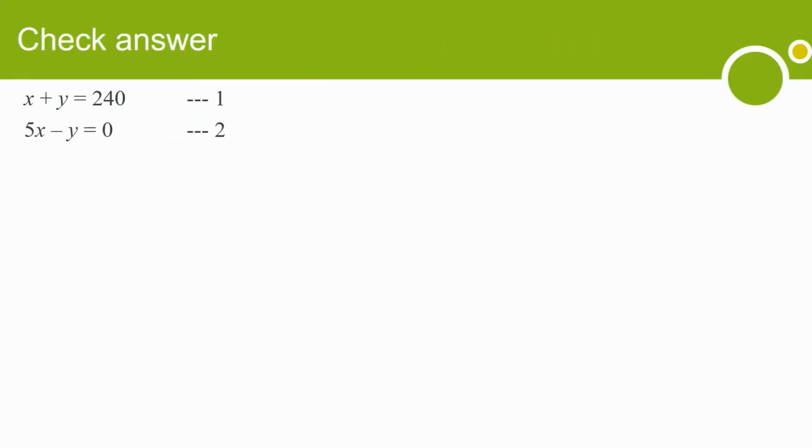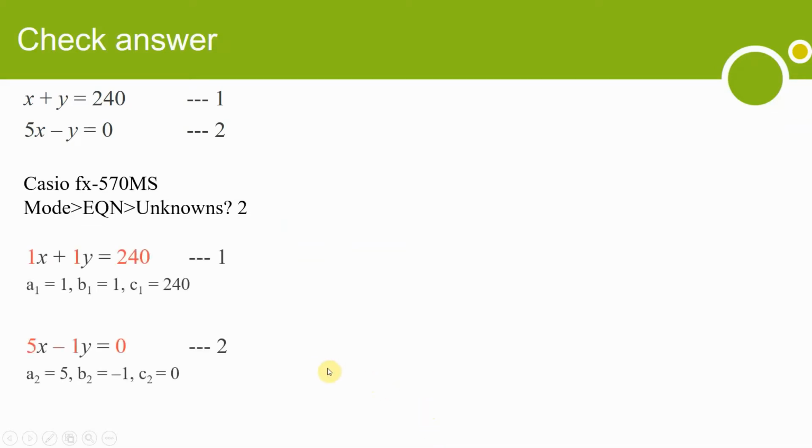Lastly, I would like to share with you how we check answers using the calculator. To check answers using the calculator, you need to have a calculator of at least 570 series and above. Using the same example, for Casio 570MS, please follow this sequence to program your calculator, and then we key in the coefficient of the variables in this form.